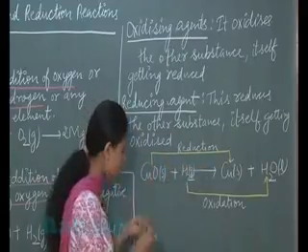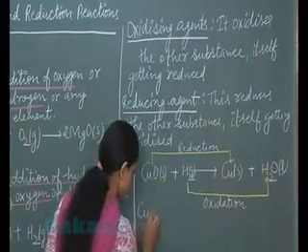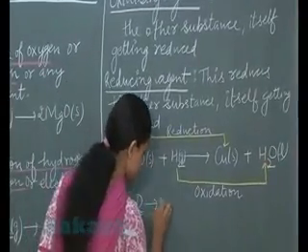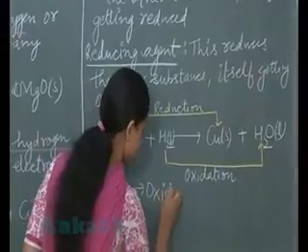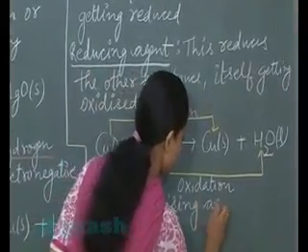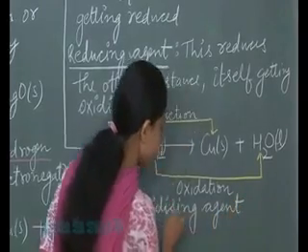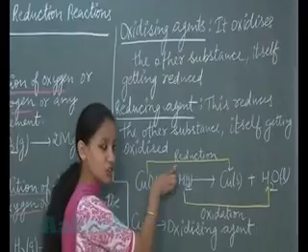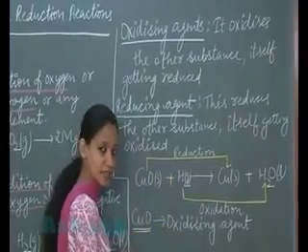So students, here copper oxide is acting as oxidizing agent. I hope students it is clear to you. Here copper oxide, which is oxidizing hydrogen and itself getting reduced, is the oxidizing agent here.